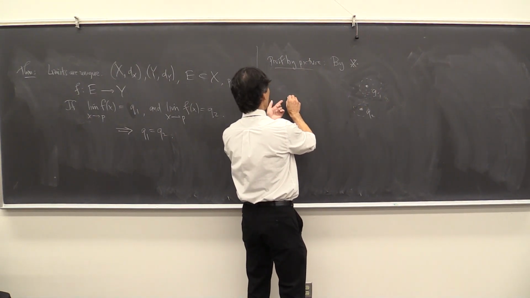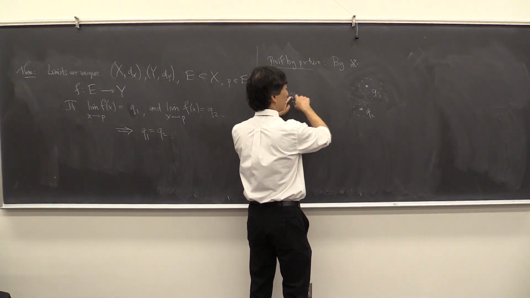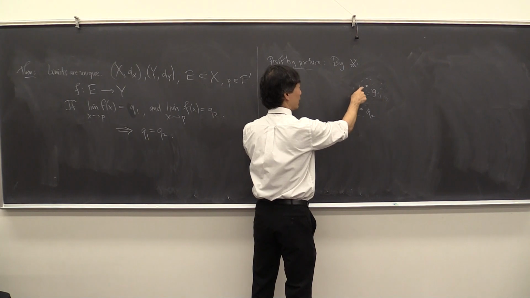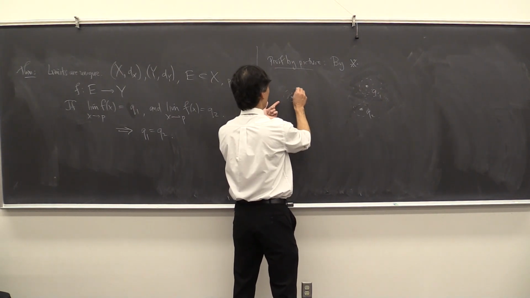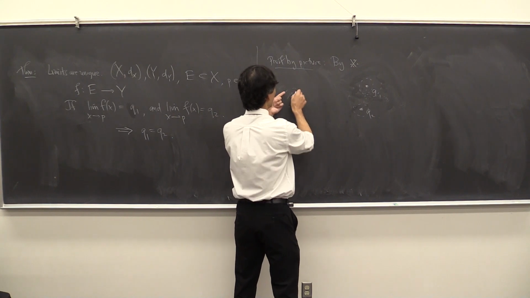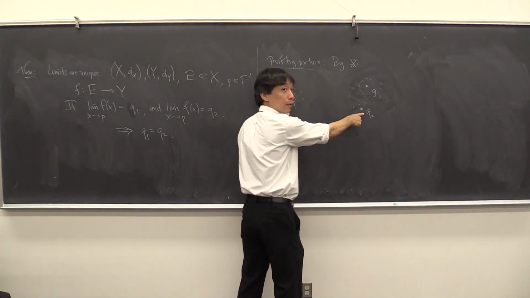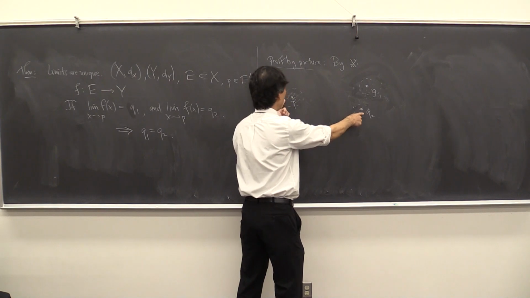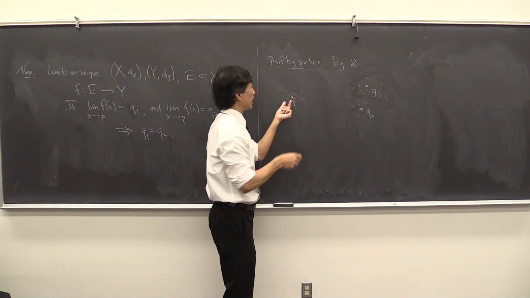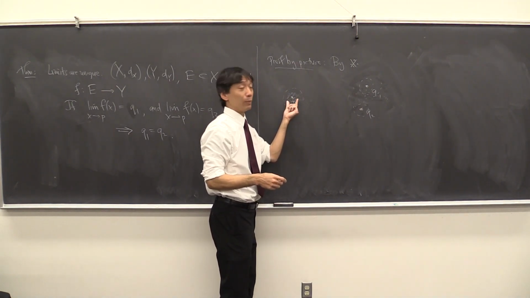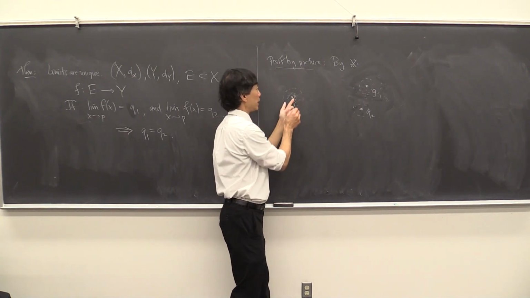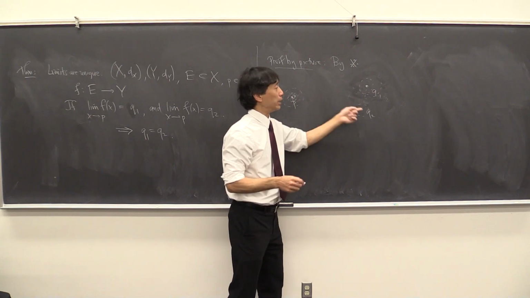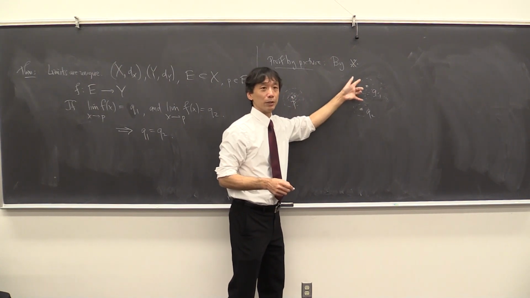There's a punctured neighborhood around P that gets mapped inside one neighborhood, and a punctured neighborhood that gets mapped inside the other. But the points in the intersection, that is the smaller of the two punctured neighborhoods, will get mapped inside both of those neighborhoods. Anybody in the intersection must be in both, but they're disjoint, contradiction.